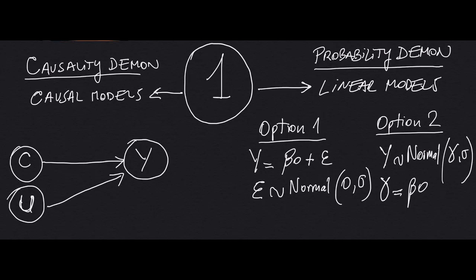Now, for the linear model that matches this one, there is one notation that is most popular, which is that variable Y is a random variable. Now we are in the probability realm, so we talk about random variables, and it has two components.